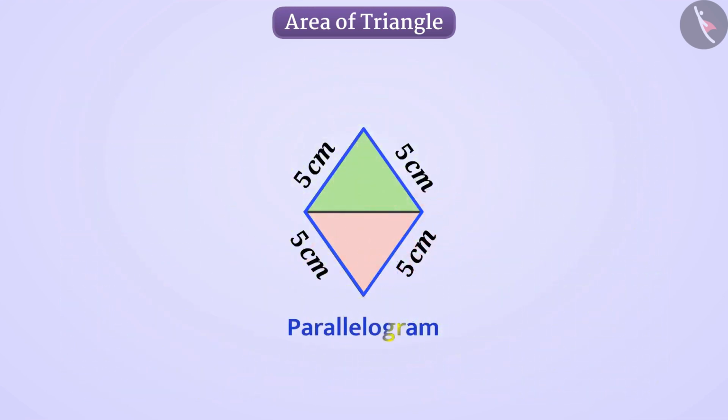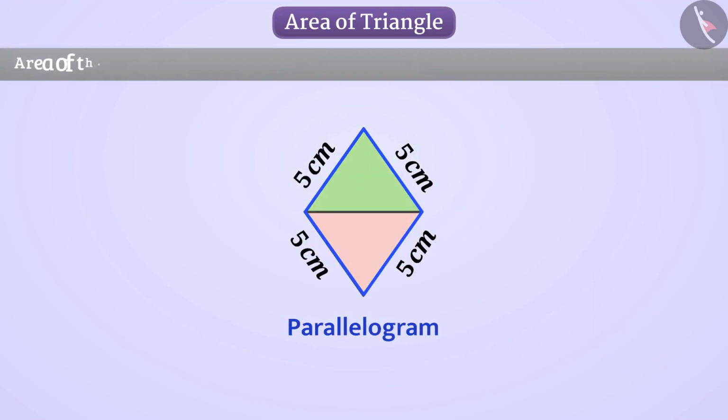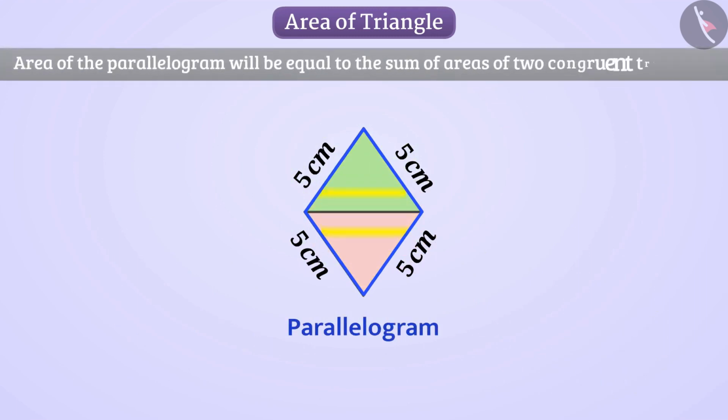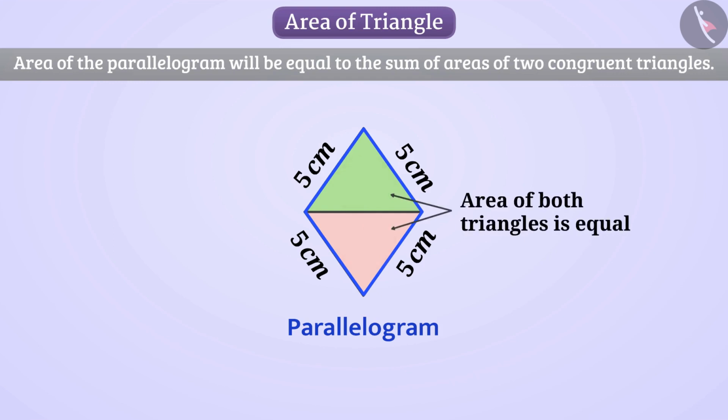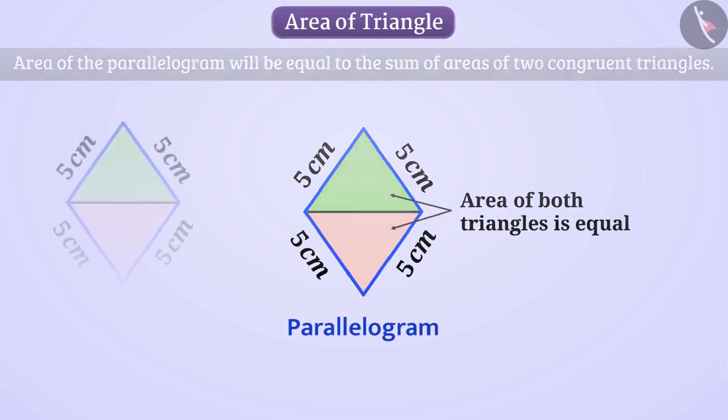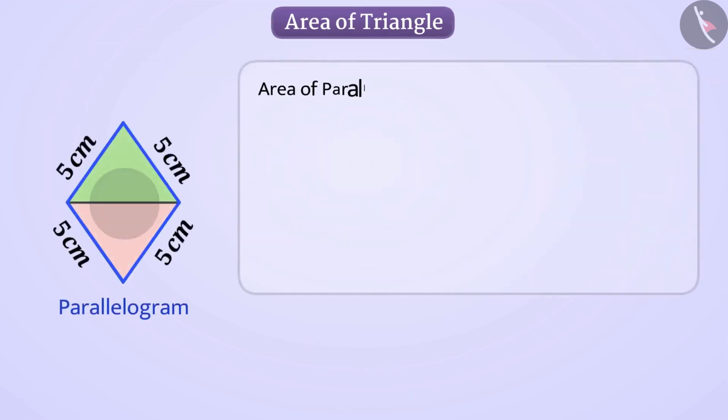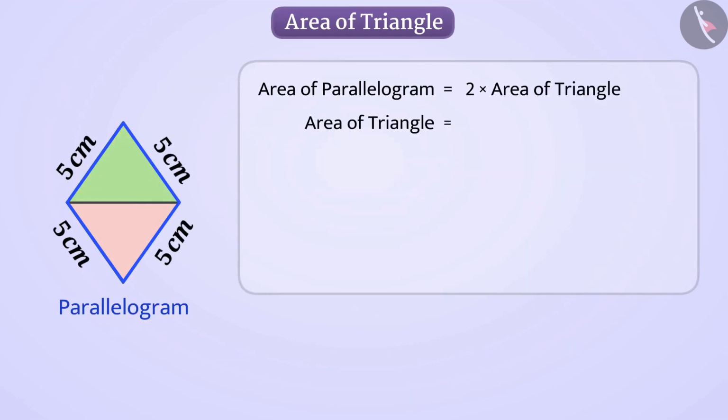Since the parallelogram is made up of two congruent triangles, therefore, the area of the parallelogram will be equal to the sum of the areas of two congruent triangles. Since the area of both triangles is equal, so we can say that area of parallelogram is 2 multiplied by area of triangle, that is, area of triangle will be the half of area of parallelogram.